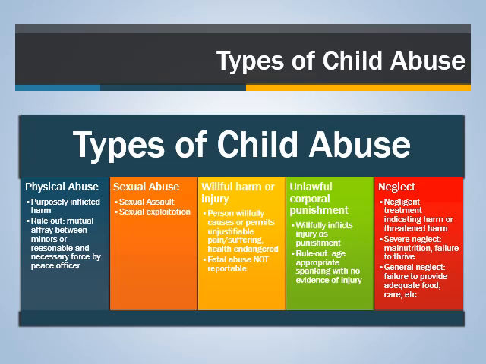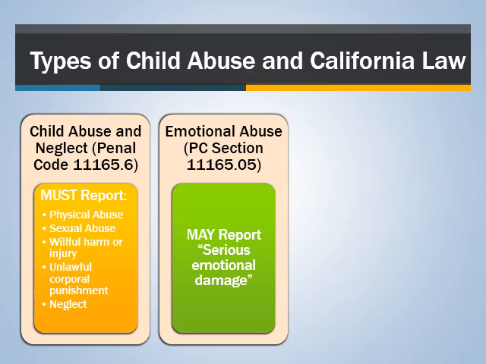That is a mandated report, as opposed to emotional abuse, which is an optional report. And finally, there's unlawful corporal punishment. If you're willfully inflicting harm and leaving bruises and such, that is unlawful corporal punishment.